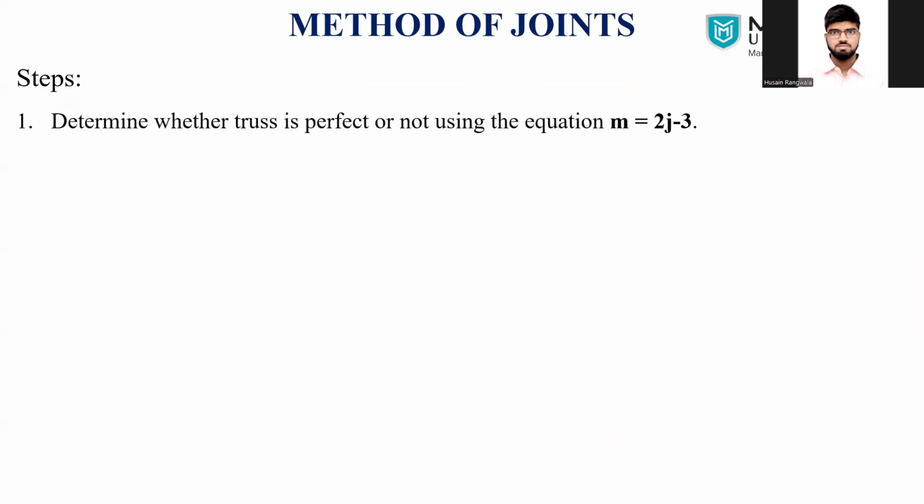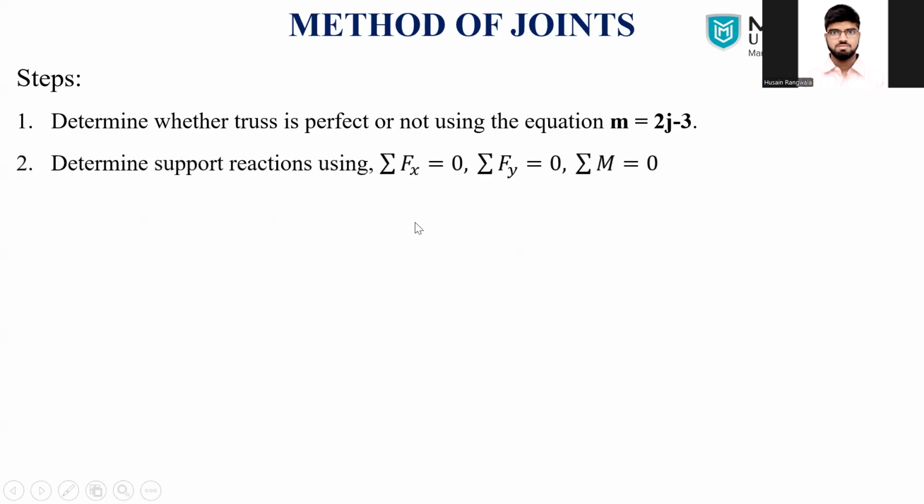Step number one, first we have to determine whether the truss is perfect or not using the equilibrium conditions. Basically, we are checking the stability of the truss, and defining whether the truss structure is determinate or indeterminate. Then the second step, which is common to both methods, is to determine the support reactions using the equilibrium conditions.